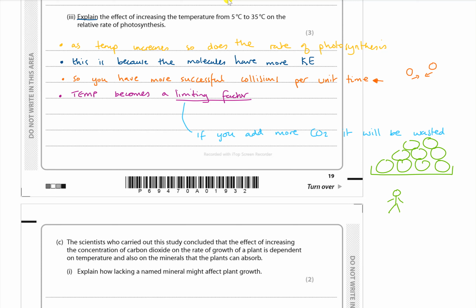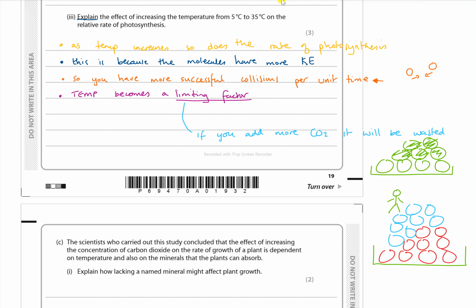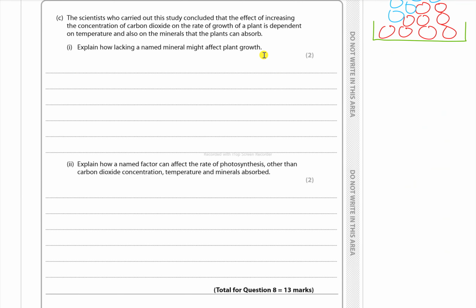Once they're full, it's no good giving them a plate with 1, 2, 3, 4, 5, 6, 7, 8, 9 and then adding just a few more. It's not going to help. It's not going to help at all. So this is how you've got to look at it.